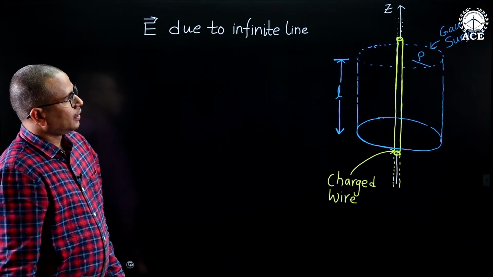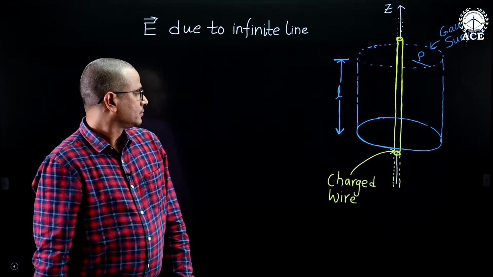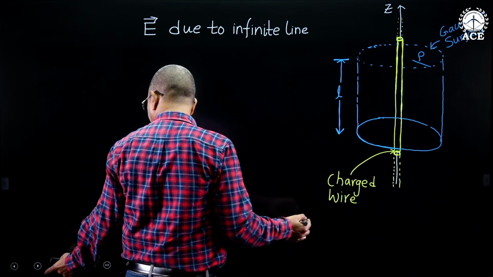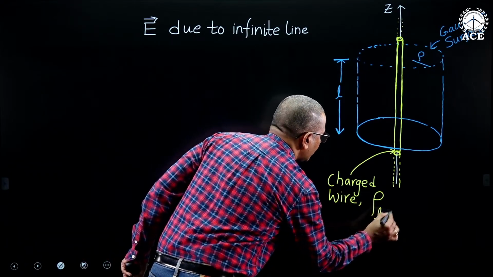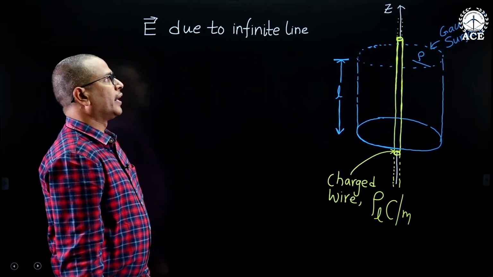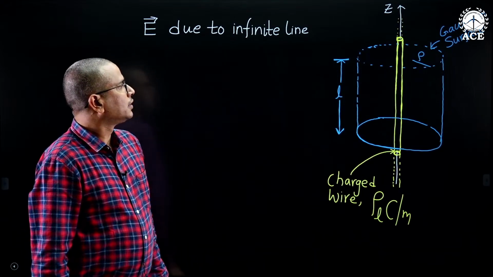Look at this, dear students. The yellow one is our line, the charged wire or charged line, which contains a uniform charge distribution with charge density rho_L coulomb per meter. Then I wish to find electric field intensity or flux density at any point in space.